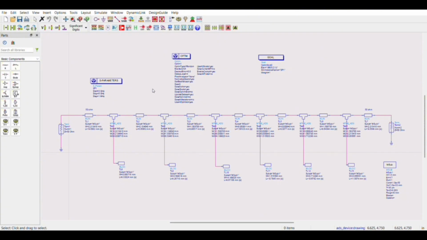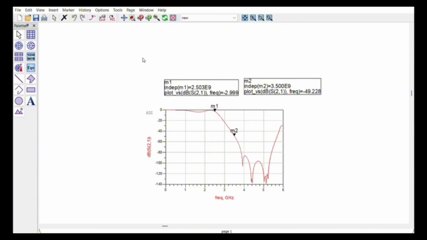After we finally design our filter circuit, we can see the output: at 2.5 gigahertz we get negative 3 dB, and for 3.5 gigahertz we get negative 49.